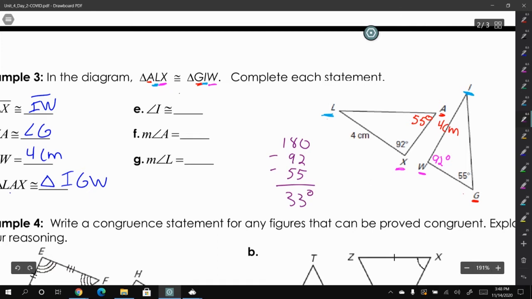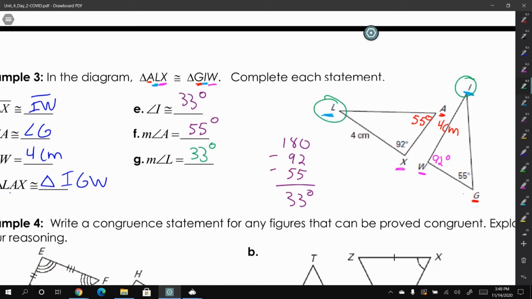So angle I must be 33 degrees. Measure of angle A we wrote down was 55 degrees. And now the measure of angle L. Well, in my picture, I have them both underlined in blue, I and L, so they must have the same measure of 33 degrees.